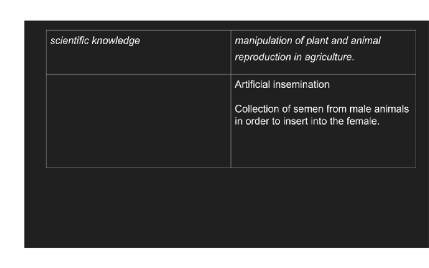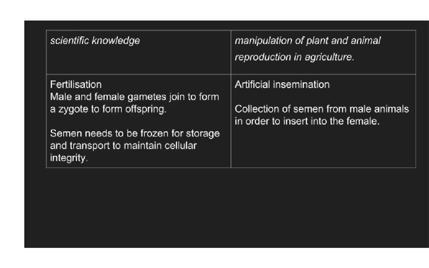Artificial insemination is our next reproductive technique in agriculture, whereby semen is collected from male animals in order to insert into the female. The scientific knowledge that has impacted on the use of artificial insemination is, to start with, fertilisation, where male and female gametes join to form a zygote, which forms the offspring.